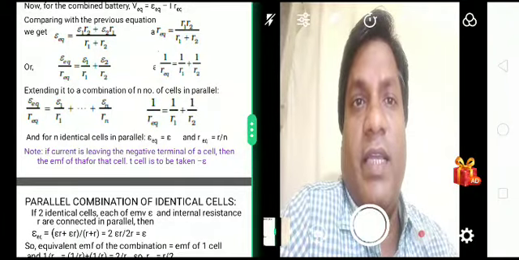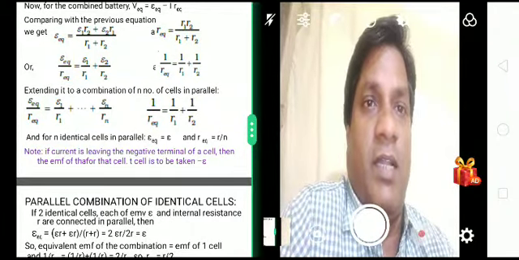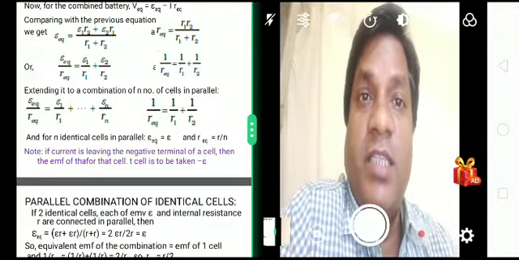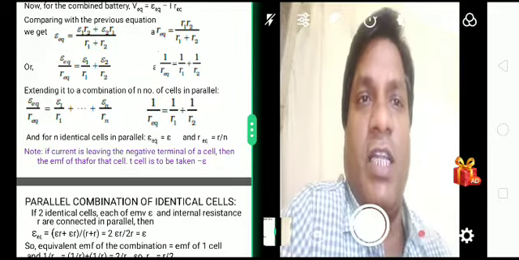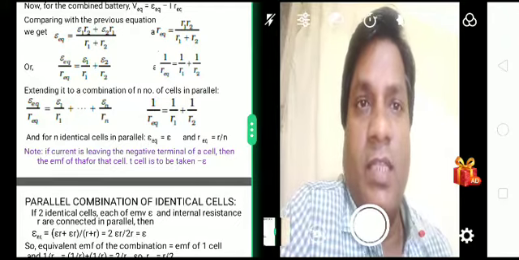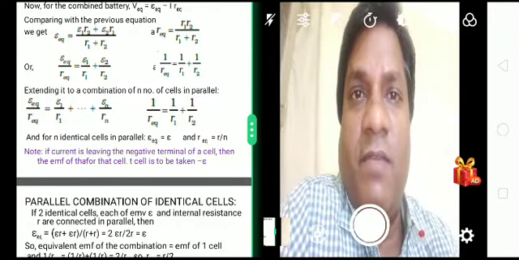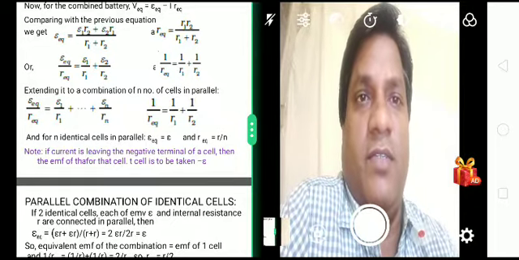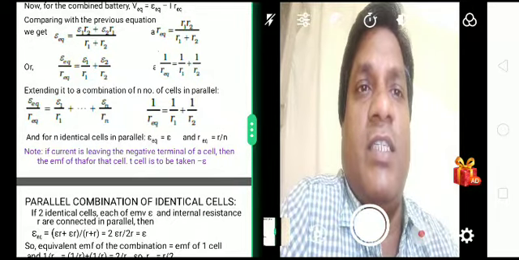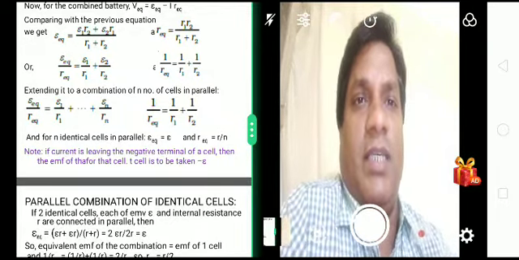For n identical cells in parallel, that means each cell has an EMF E and each cell has an internal resistance R, then the equivalent EMF will be equal to E and equivalent internal resistance will be equal to R by n.